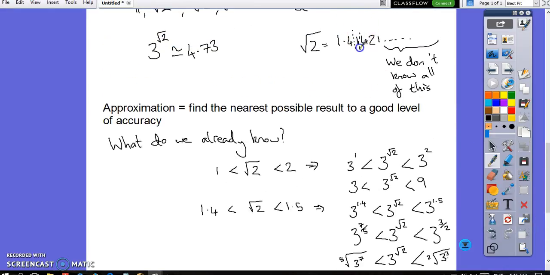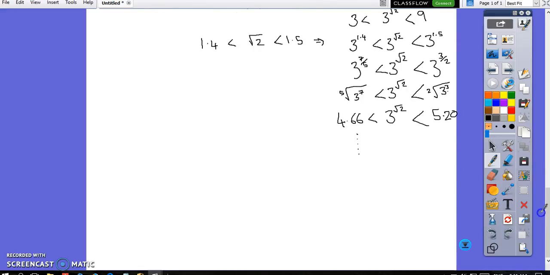So we have 1.41. So we know that the square root of 2 is between 1.41 and 1.42, which means that 3 to the power of the square root of 2 is between 3 to the power of 1.41 and 3 to the power of 1.42.